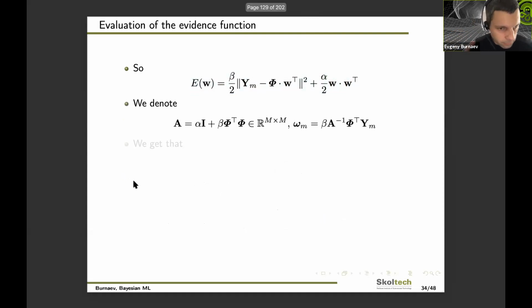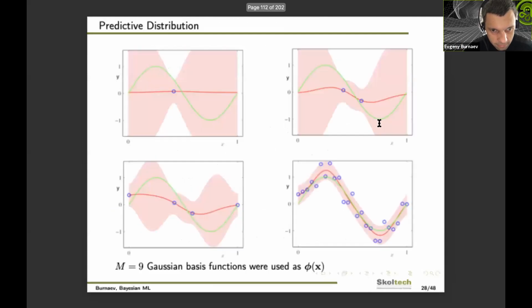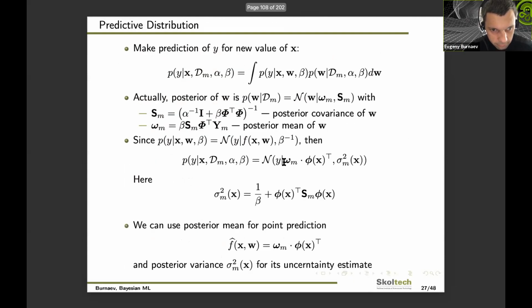We introduce this matrix A, and also we introduce this posterior mean value. Remember that this is exactly the posterior mean value of the vector of parameters W. This is the posterior mean value of this posterior distribution, of this predictive distribution.